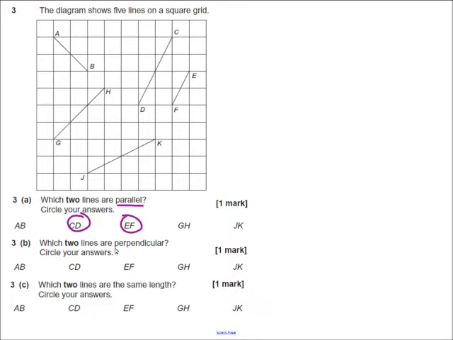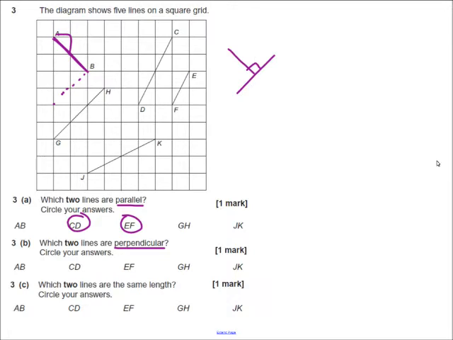The question then asks which 2 lines are perpendicular. So to be perpendicular, one line has to hit another line at 90 degrees. To find a line that does that, AB looks like the obvious line that's coming in this direction that will hit the other lines at 90 degrees. Because it's going one across and one down, in other words, exactly diagonal across these squares, we need to find another line that does the same in this kind of direction.